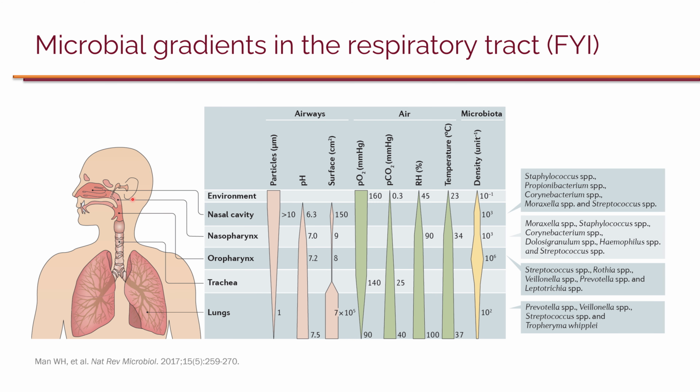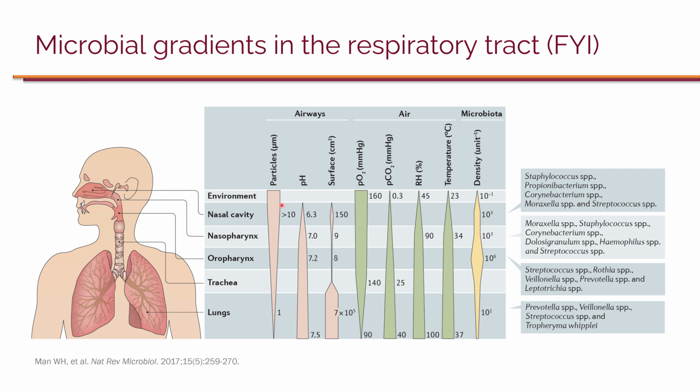So here's a look at the respiratory tract. So you can see that at the nasal. Again, this picture is an FYI, but you can see that there are major changes throughout the respiratory tract.